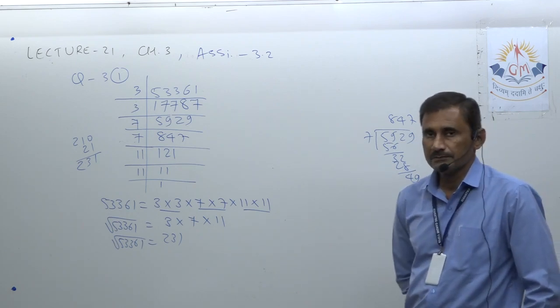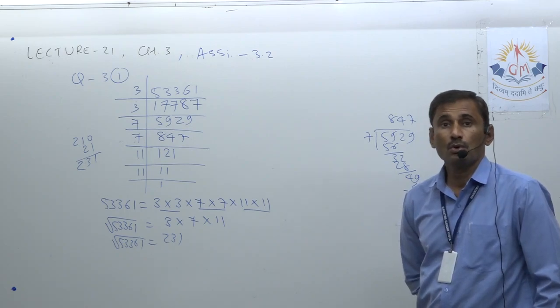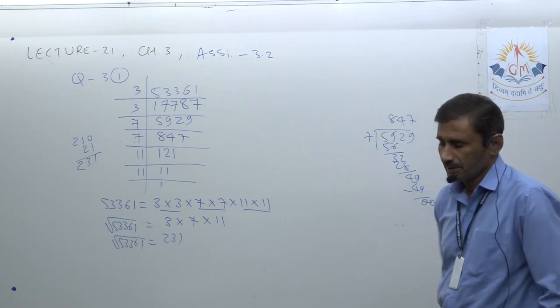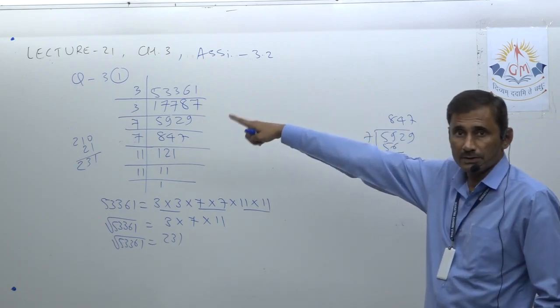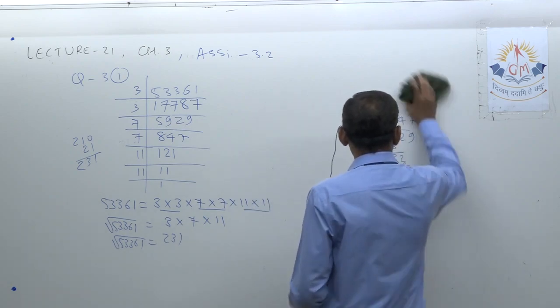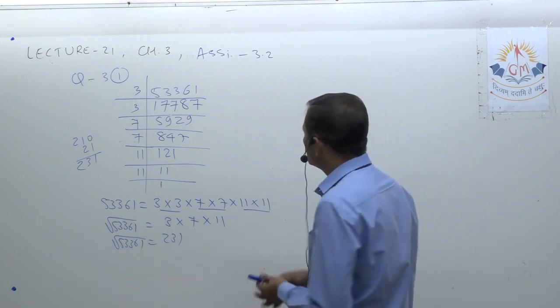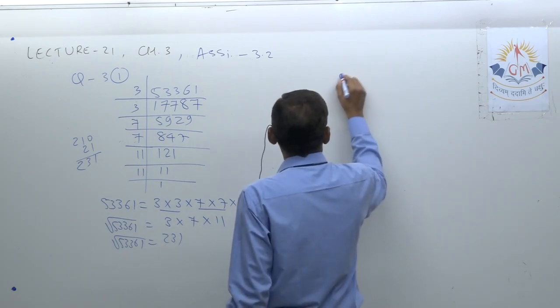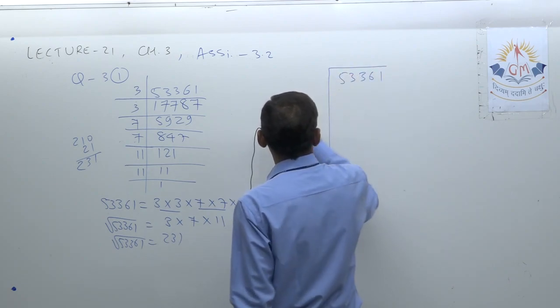Now let's solve the same one by the long division method. Actually, the long division method is also not factorization in the third one. So now I am writing the same number here to find the square root by the long division method.